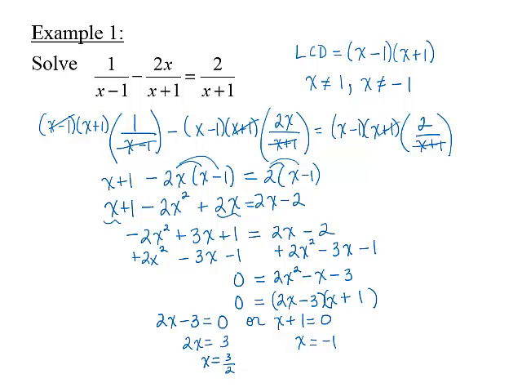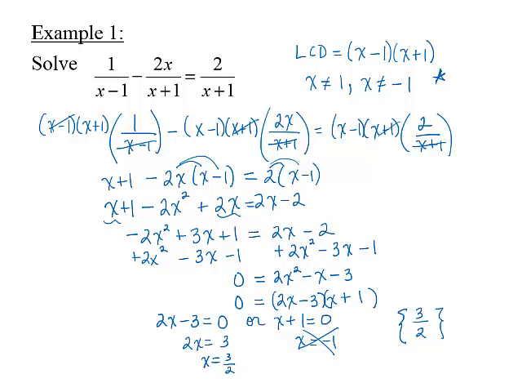So this process of clearing fractions and solving the quadratic gave us possible solutions of 3 halves and negative 1. But if you remember our restrictions, x cannot be negative 1. So negative 1 is not valid in the original equation. Our solution set then is just the set containing 3 halves.